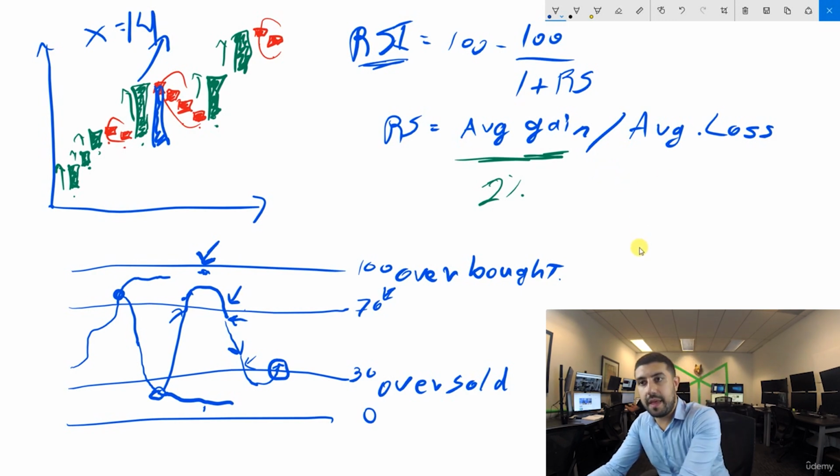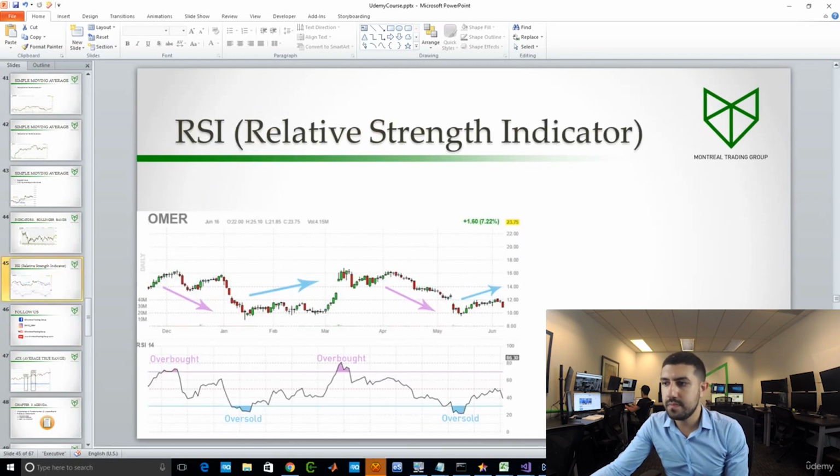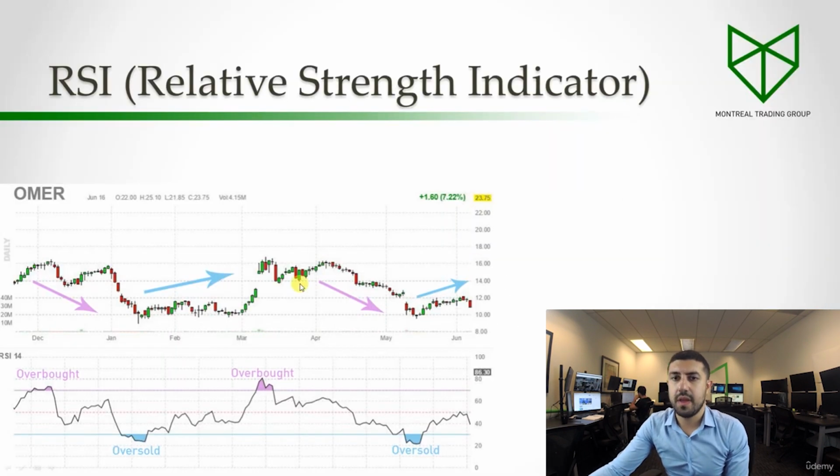So a little example here. Let's see right here. We're looking at the RSI, 14 period RSI, 14 days, and you can see that the RSI becomes overbought. So we don't short the stock because it's overbought.